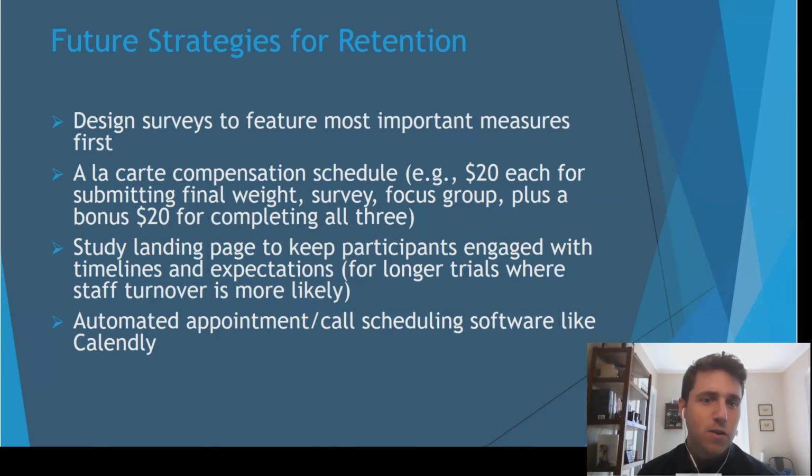Can we just get them answering the easy ones? Is there a compensation schedule that incentivizes them to provide complete data, like they'll get a bonus if they do everything? For those longer trials where there might be staff turnover, is there some sort of landing page that we can use so people can go, okay, that's where I go if I have a question? I'm going to go there and all the information I need is there.